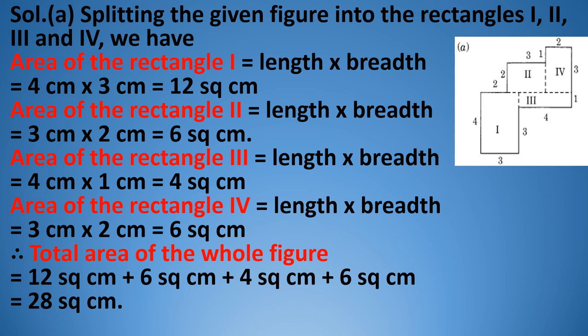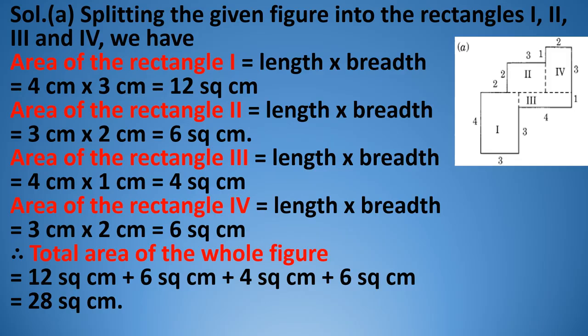Formula will remain same, length multiplied by breadth. So area of first rectangle is 4 centimeter multiplied by 3 centimeter, that is 12 square centimeter. Area of second rectangle is 2 centimeter multiplied by 3 centimeter, that is 6 square centimeter.